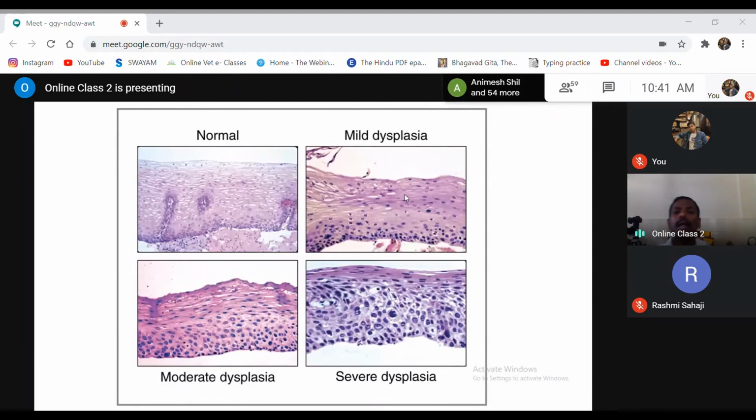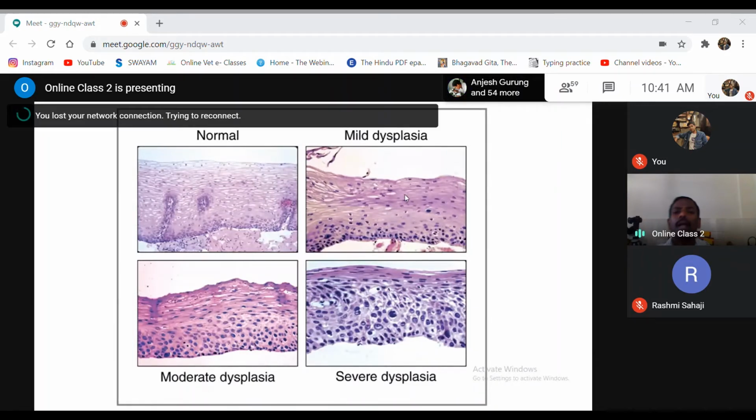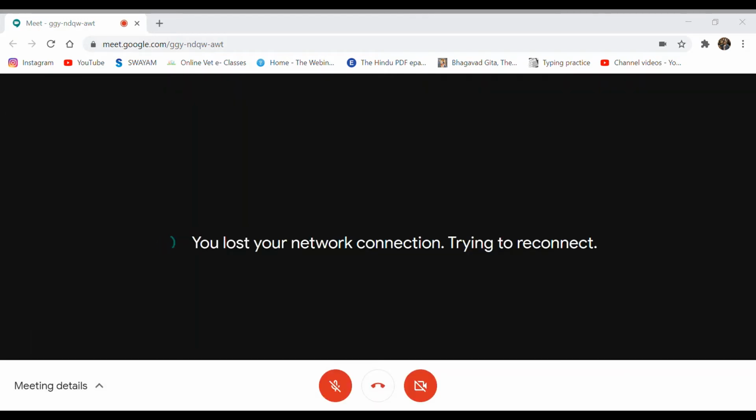Rarely, in other tissues also, you can find dysplastic features or derangement. Basically what this means is abnormal. Plasia means growth, so dysplasia means abnormal growth.